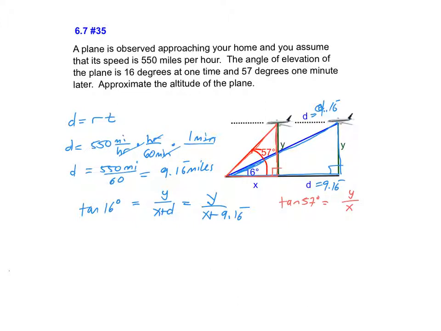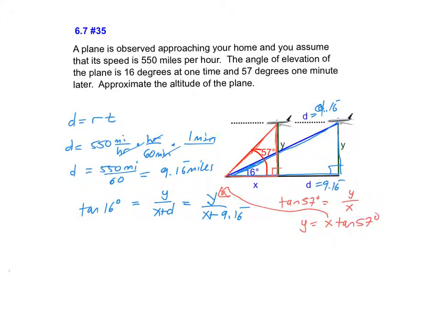We have a system that we need to solve. I'm going to use the second equation, and I am going to solve the second equation for y in terms of x. So y is equal to x tangent 57, and then I can substitute in for y in the first equation.